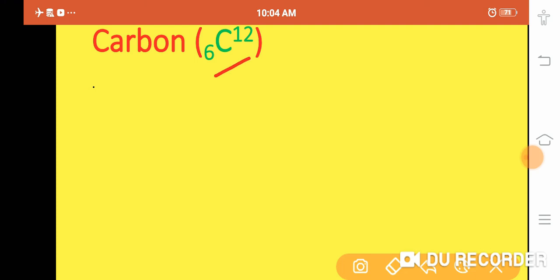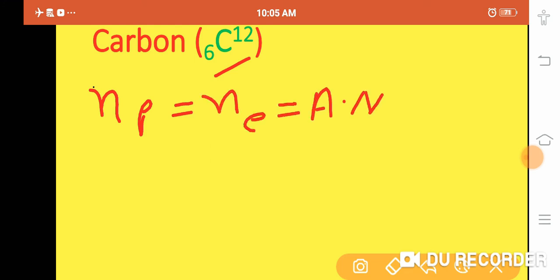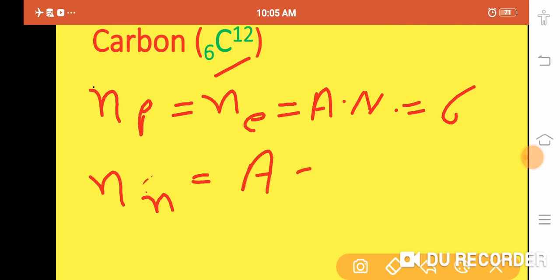So number of protons is equal to number of electrons is equal to atomic number, which is how many, beta? 6. And number of neutrons, by use of that formula I am telling you, my dear: number of neutrons is equal to atomic mass minus number of protons.